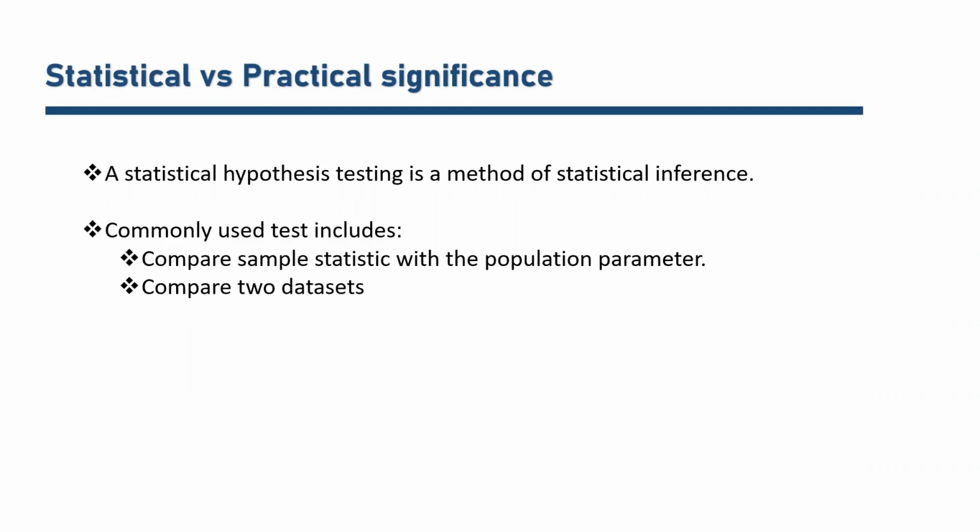Now, statistical hypothesis testing is a method of statistical inference. So what we want to do in hypothesis testing is, if we want to make some inference, how do we conclude something, right? Some of the common types of tests that we have done in hypothesis testing are comparing a simple sample statistic with the population parameters.